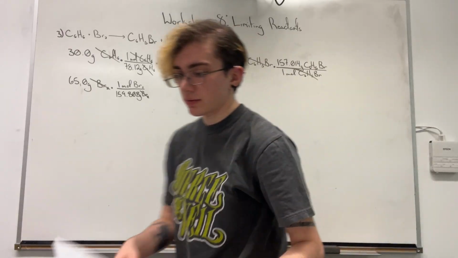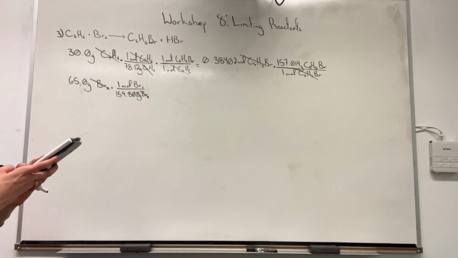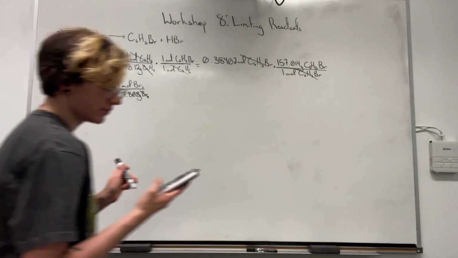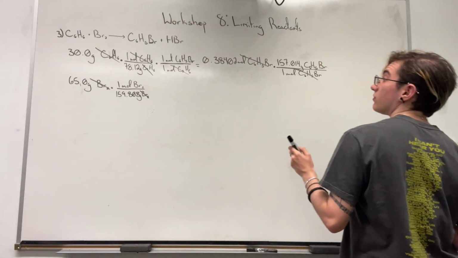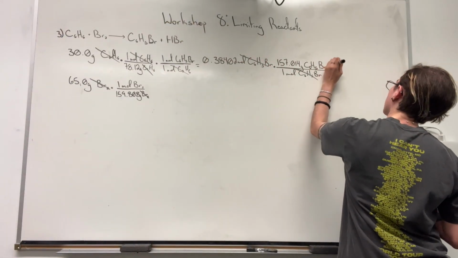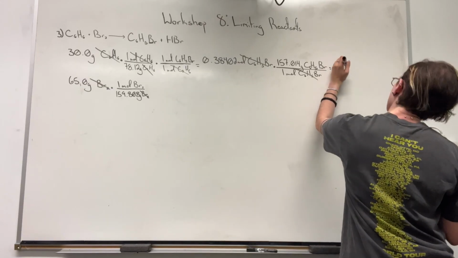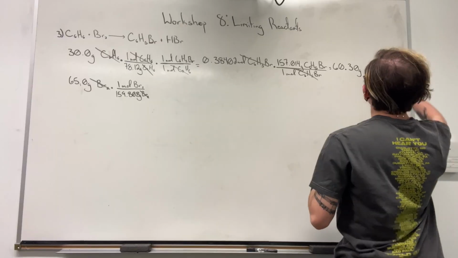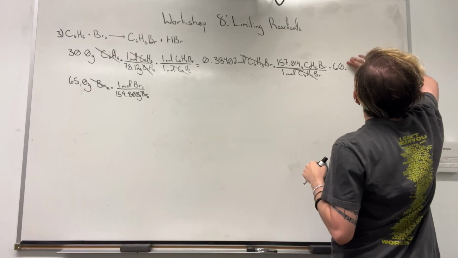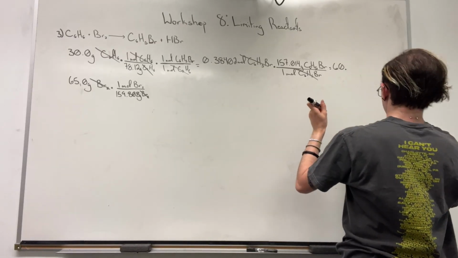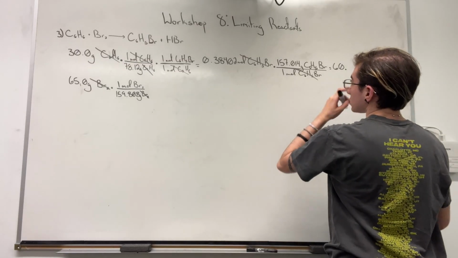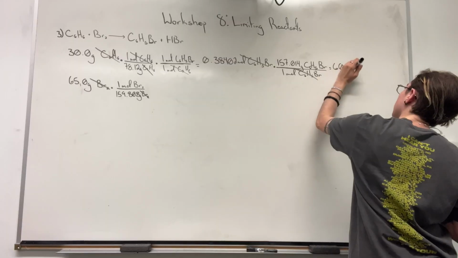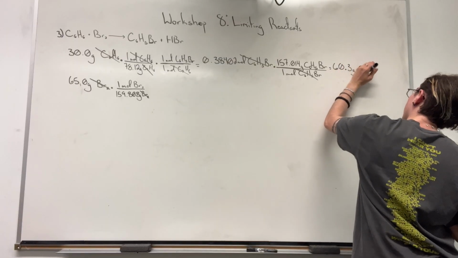And so as a mass, 0.38402 times 157.014. 30 grams of benzene is going to produce 60.30 grams. Or I should be focusing on sig figs a little bit more, 60.3 grams of bromobenzene.